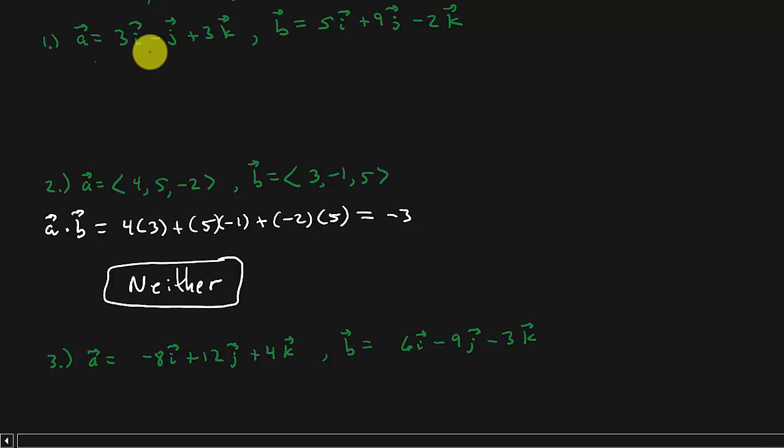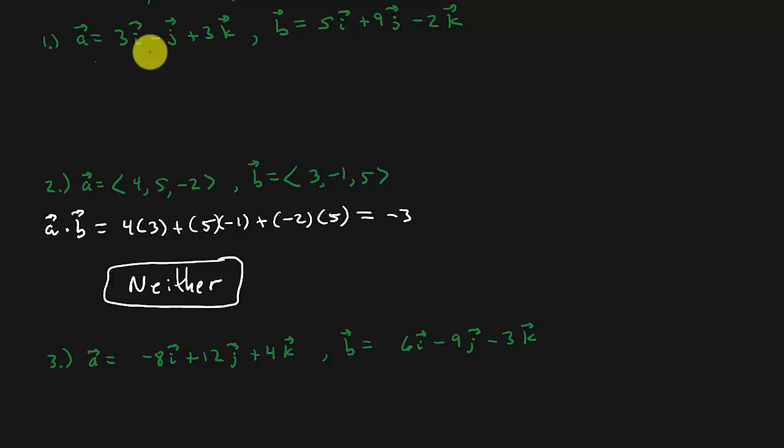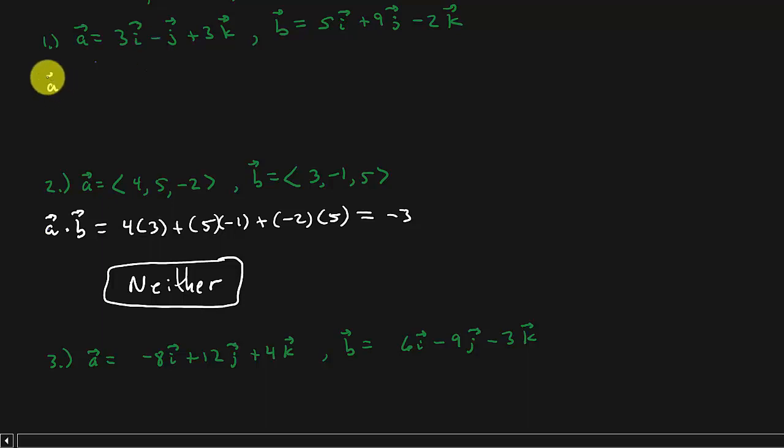So let's find the dot product here. Let's just check to see if it's orthogonal. So A dot B is equal to what? 3 times 5 plus negative 1 times 9 plus 3 times negative 2.